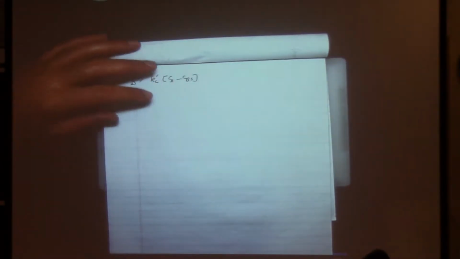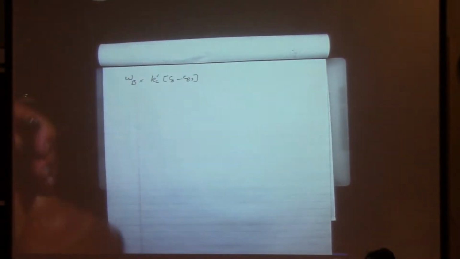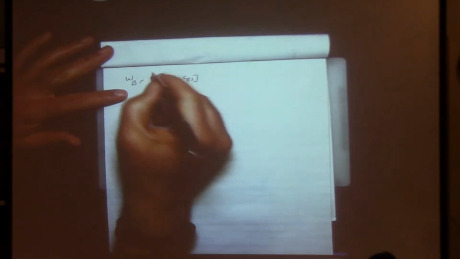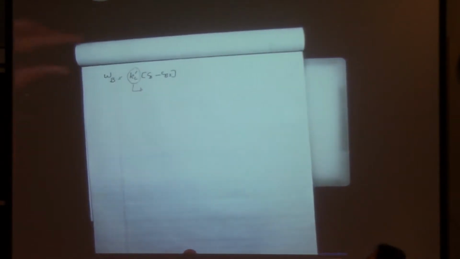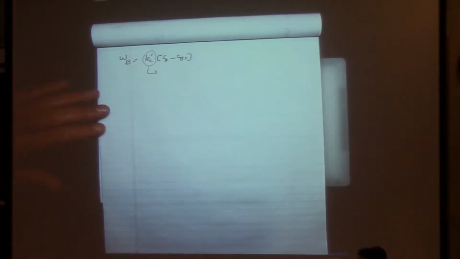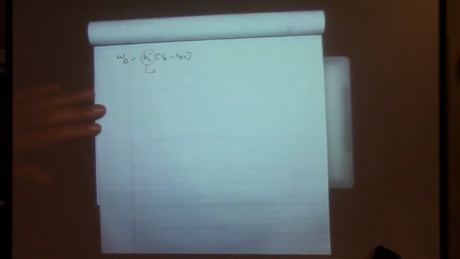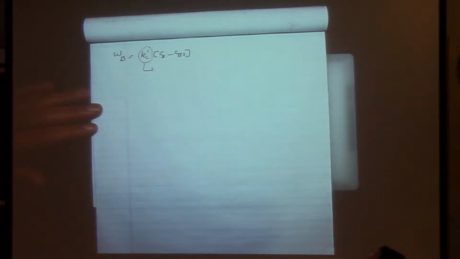You will find out. So what is the unit of K prime C? This is the mass transfer coefficient. C is the concentration unit, and WB is the mass flux.